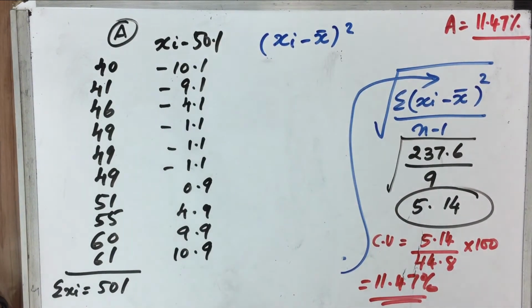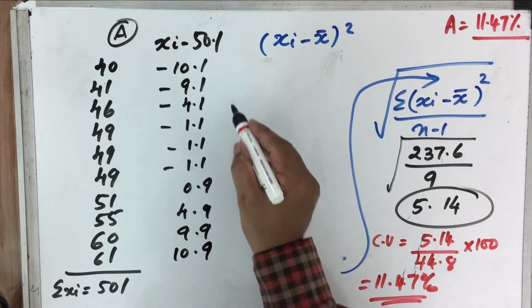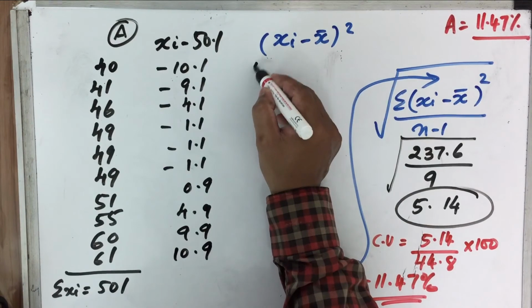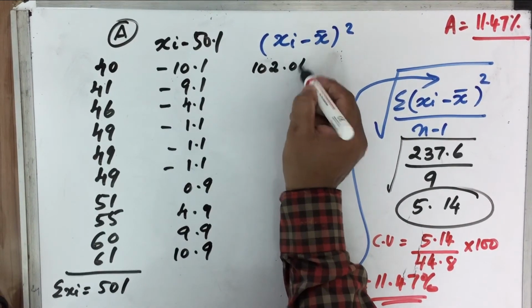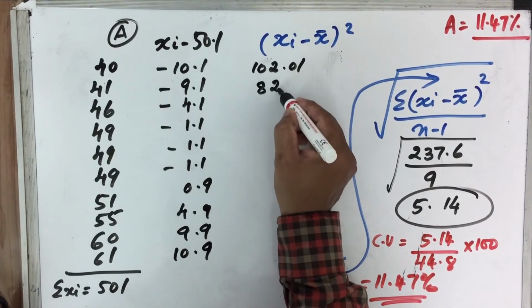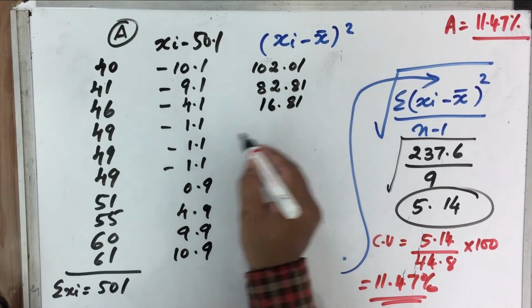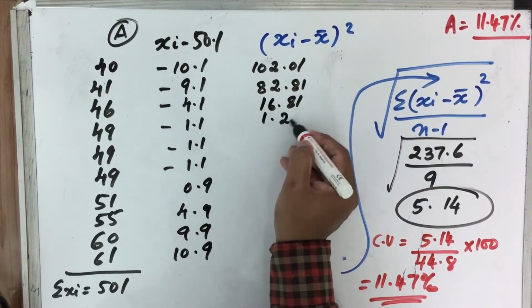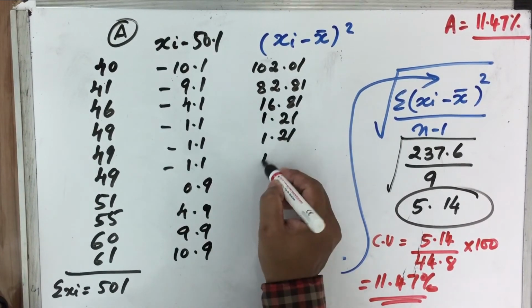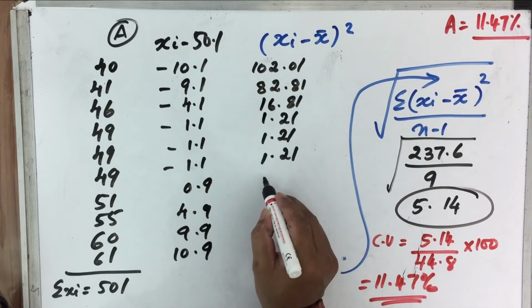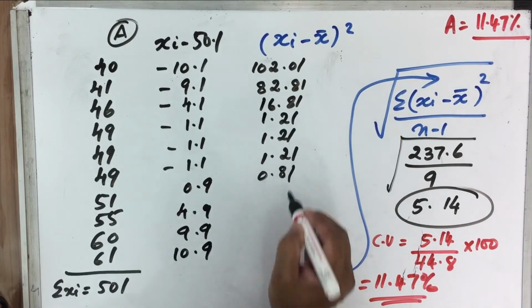Okay, now we need to find the square of this. So 10.1 square is equal to 102.01. This is 82.81. This is 16.81. 1.1 squared is 1.21, 1.21, 1.21. 0.9 is 0.81.